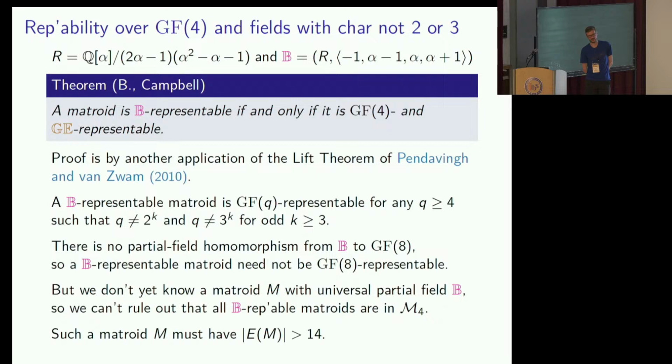Yeah. But if you're sort of making an outer approximation of the class, right? By refining the partial field, even if you're not sure that you may already have the representability of GF8, you can ensure it by applying the lift theorem to the product.